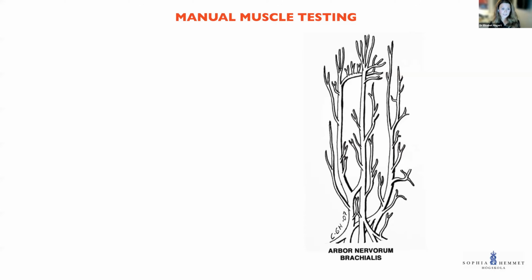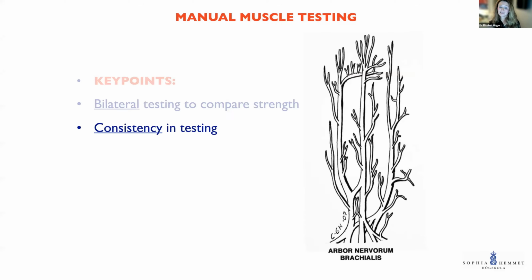So for the muscle testing exam, some of the key points to think about is to always do bilateral testing to compare strength between the right and the left side. Be consistent in doing your tests. So in order to learn how to do this exam and to pick up on subtle differences, make sure that you do the exam the same way every single time: shoulder, elbow, wrist, hand.